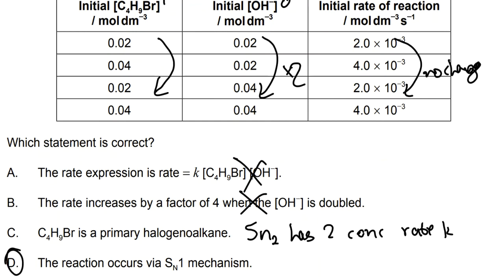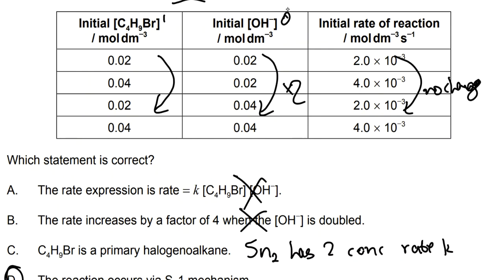Since we're zero order with respect to this one, we're going to get a rate equation like this: rate = k[C4H9Br]. So we're only affected by the concentration of the halogenoalkane.